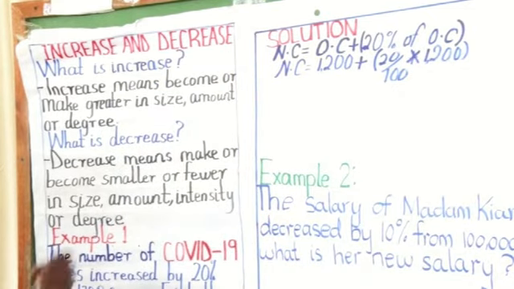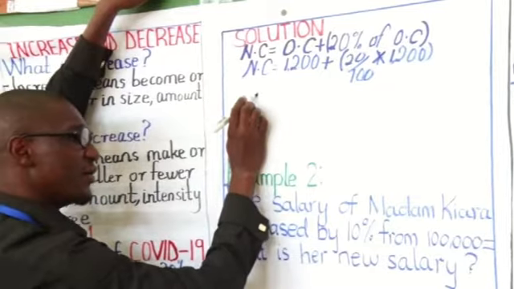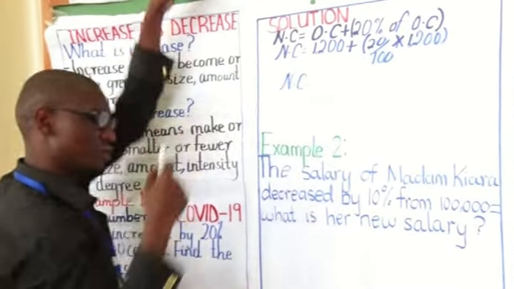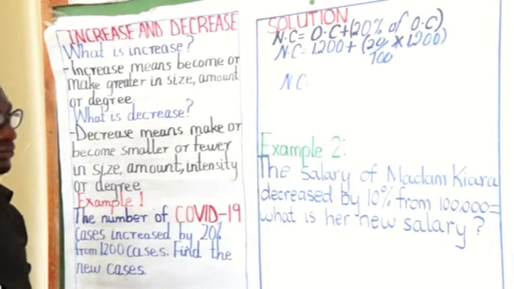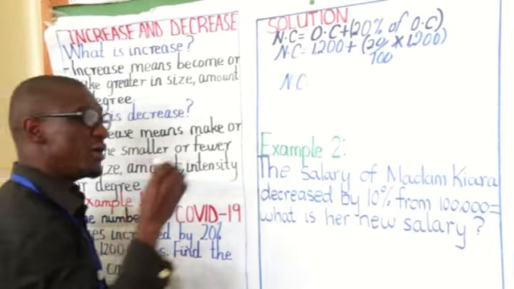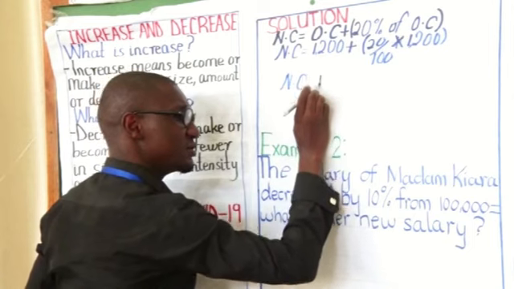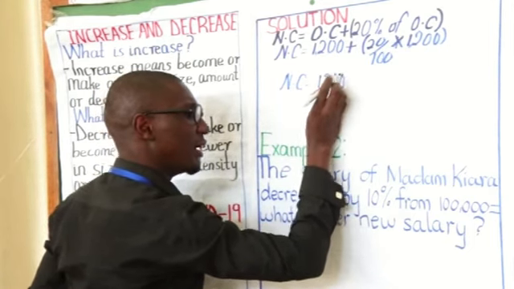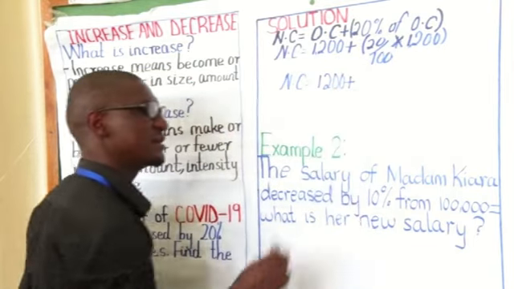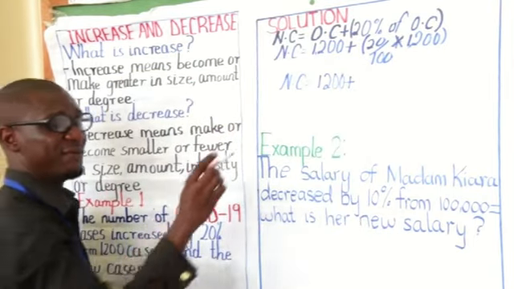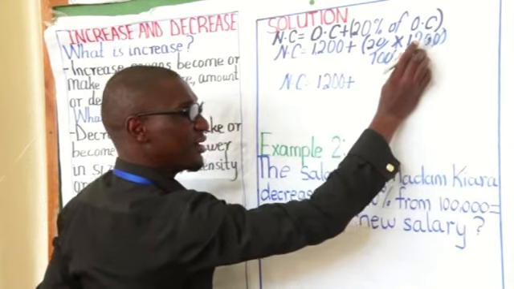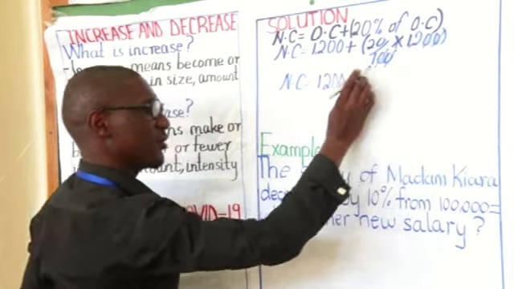Proceed. Now we say new cases equals to all the cases which was 1,200 plus. Now here we can simplify the zeros.